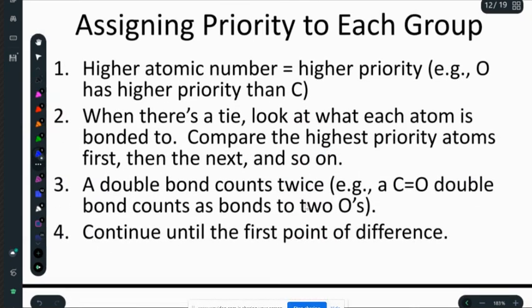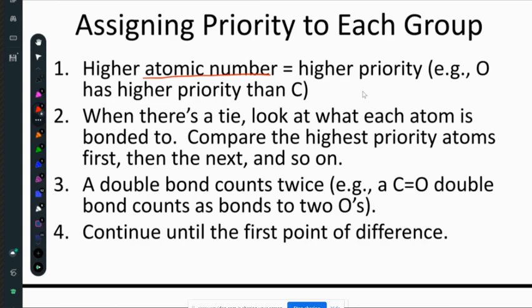Okay? So what are our rules for assigning priority? We're going to go by atomic number. Higher atomic number means higher priority. One thing to keep in mind of the atoms we deal with regularly: hydrogen is the lowest, atomic number 1, and then the next lowest is usually carbon.